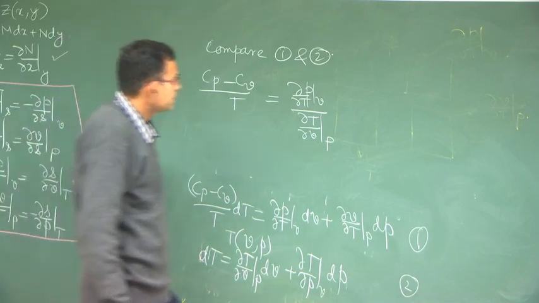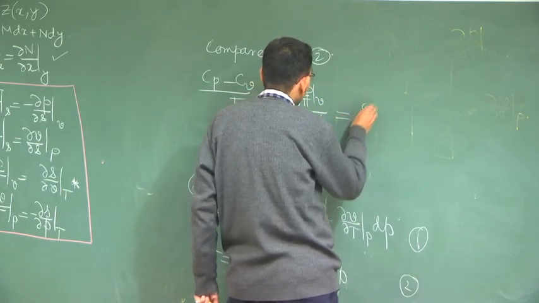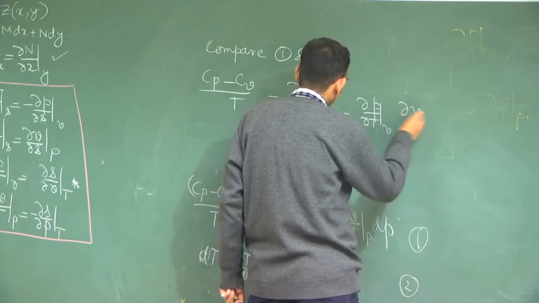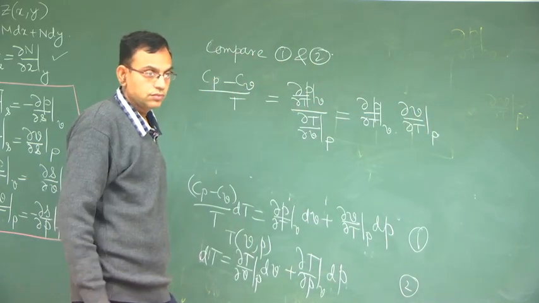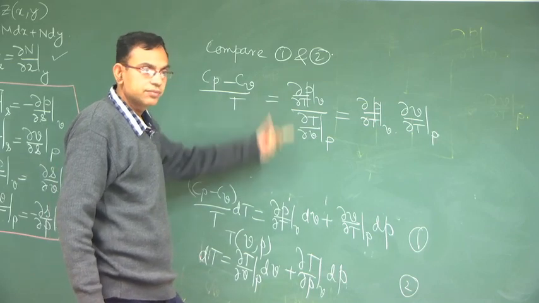So this is nothing but del P del T at constant volume into del V del T at constant pressure, right, because 1 by del T del V is del V del T.